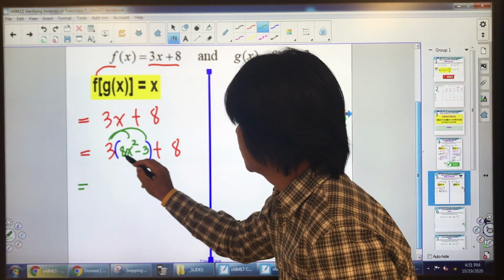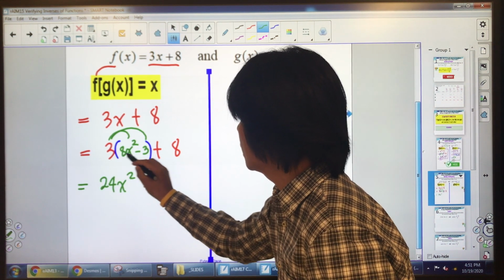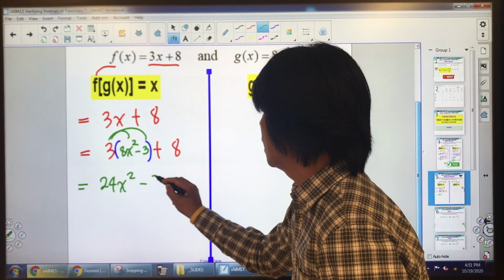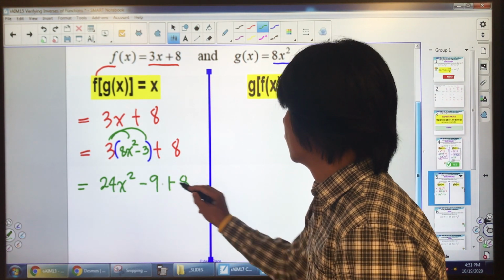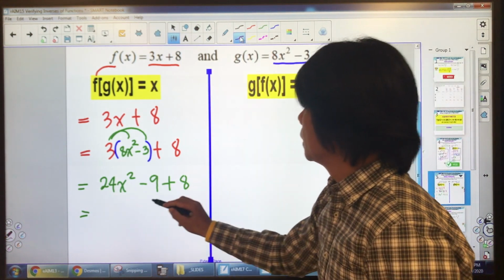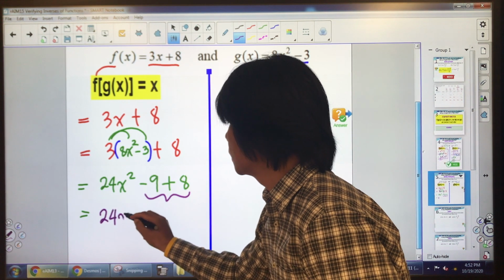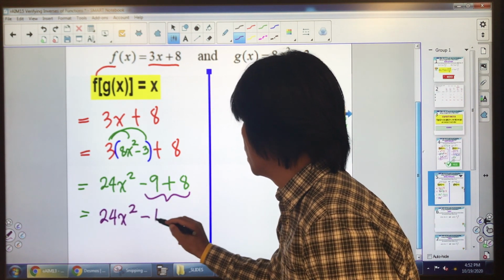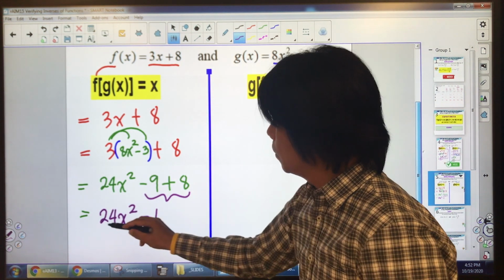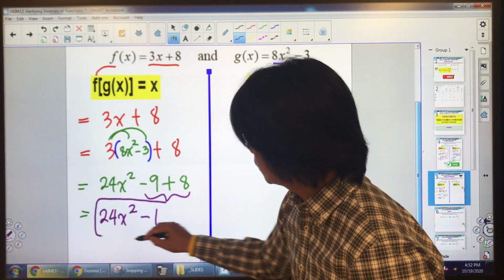Since we have 3 outside, we distribute. So 3 times 8, that's 24x to the second. 3 times negative 3, that's negative 9 plus 8. Right? Equals. We simplify this. We bring this down, 24x squared minus 1. Now can we take it further? No. This is our answer.